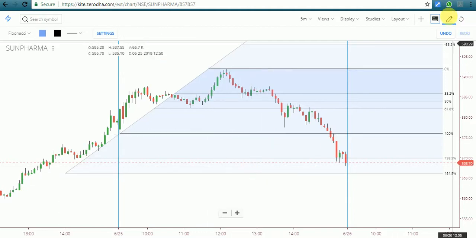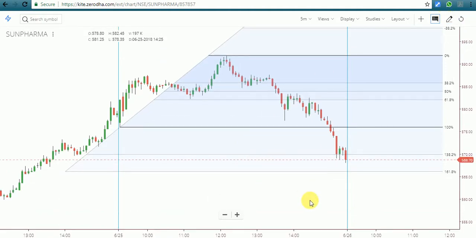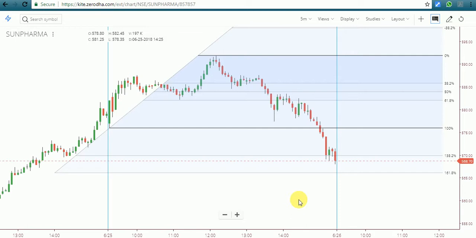and what the Fibonacci helps us with is to assume for the upcoming candle where it may touch, and where it is respecting the zone and all. You can understand very well.